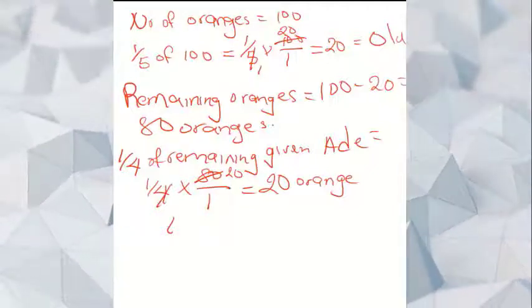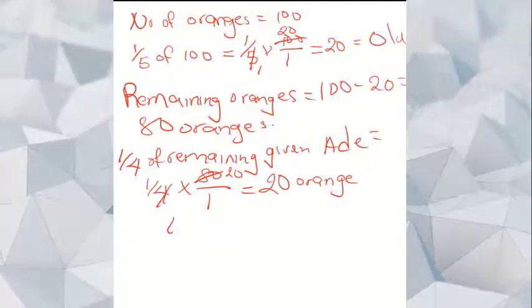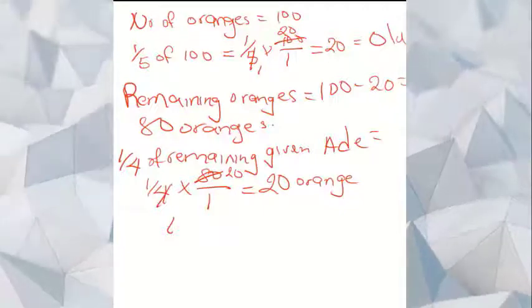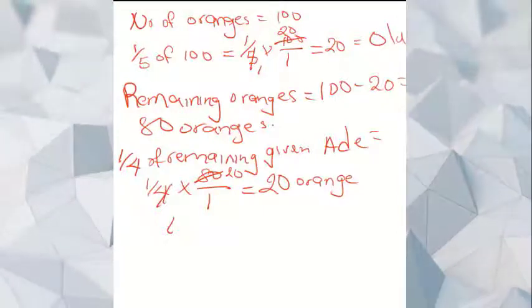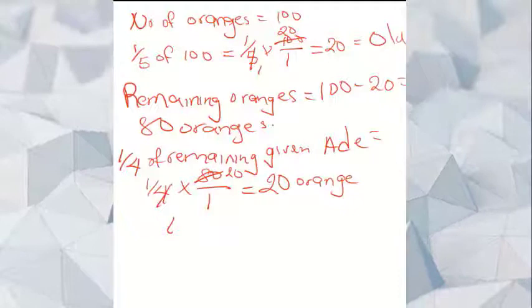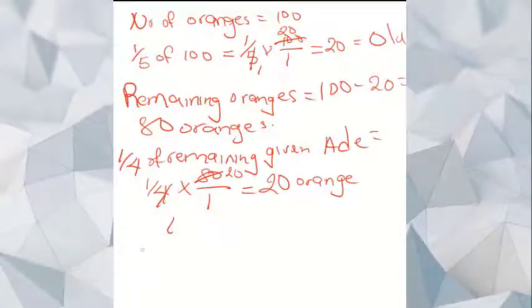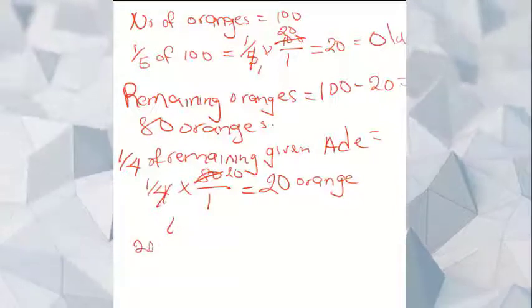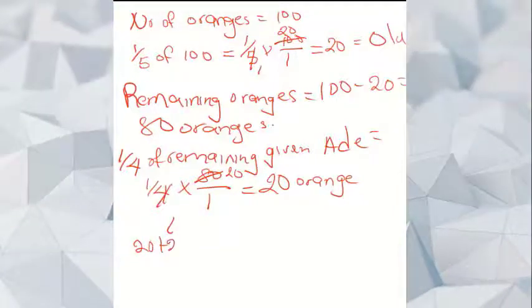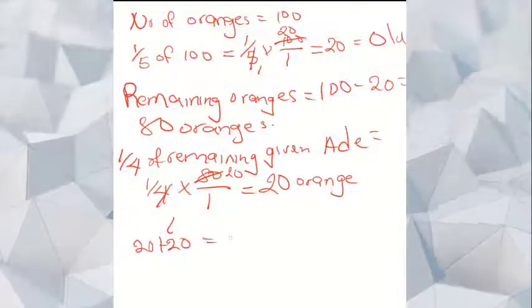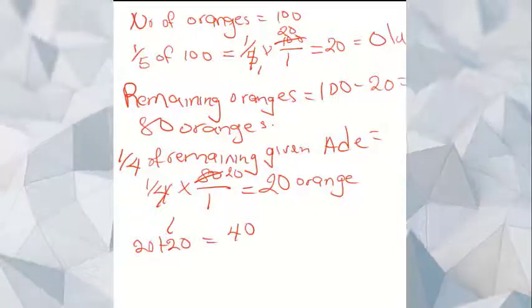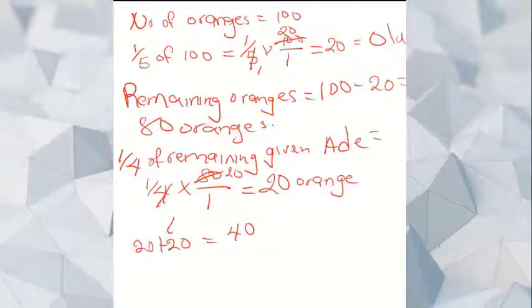So now the question is, what fraction of the oranges is left? Remember, 20 has been given to Olu, 20 has been given to Ade. So we have 20 plus 20, which is equal to 40. So 40 has been given out.